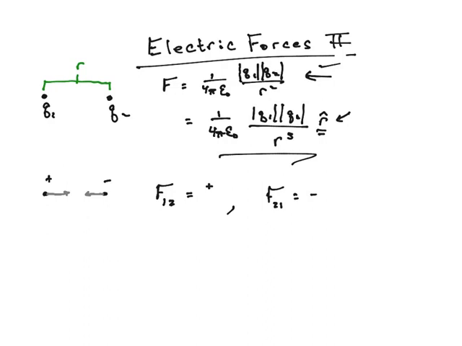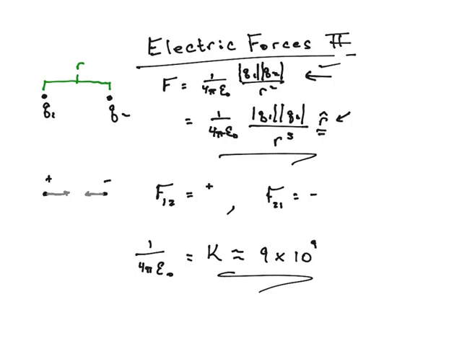Okay? Another thing to remember is this 1 over 4 pi epsilon naught business. Sometimes you'll see it written as a K or a kappa. And what we're going to use as the number is just 9 times 10 to the 9. Okay? That's just a constant.